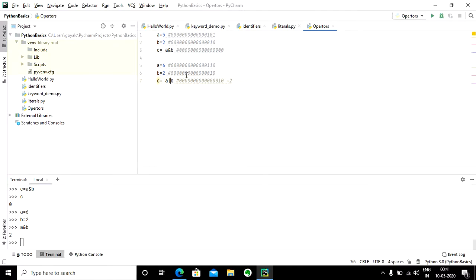So if I calculate a or b for this particular data set, we know that for a bit to have 1, you just need a single occurrence of 1 in the pair. So 0 or 0 would be 0, 1 or 1 would be 1, and 0 or 1 would be 1. Similarly, 1 or 0 would be 1 again. So that is going to be the internal representation, and that is equal to 6. Okay.